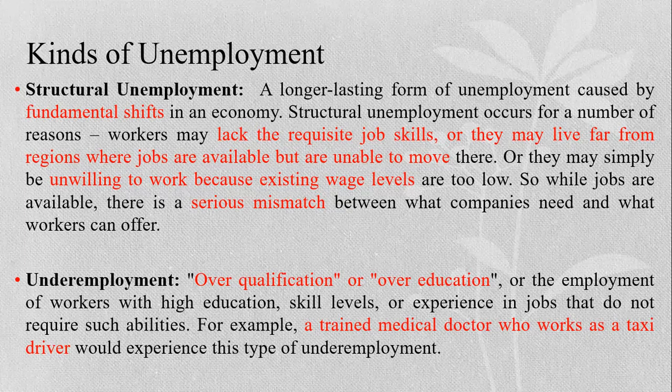Or they may simply be unwilling to work because existing wage levels are too low. That also comes under this, where you feel that the wages they are getting are very low, so they don't want to work. So while jobs are available, there is a serious mismatch between what companies need and what workers can offer. At that time we will say it is structured unemployment.